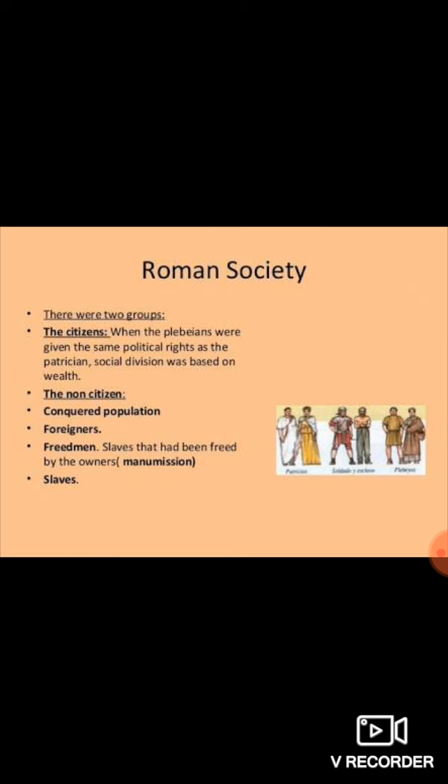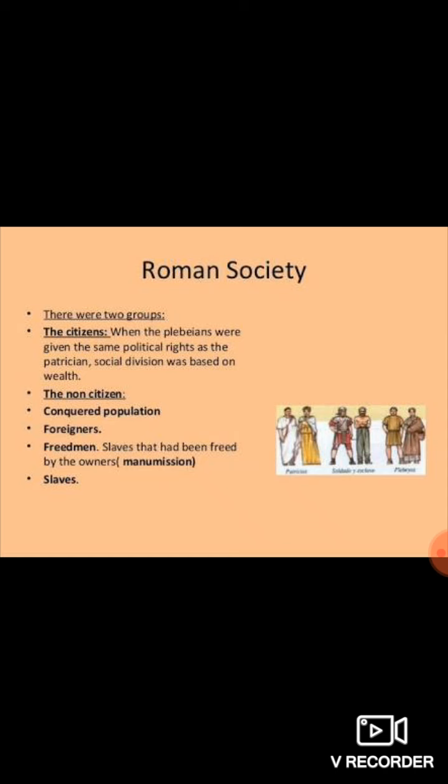Now, talking about the ancient Roman society, there were sharp divisions in the society. Different categories, different sections were there. There were largely two groups in the Roman society, one of the citizens and one of the non-citizens. Now, in the category of citizens, the plebeians were given some political rights like the patricians.